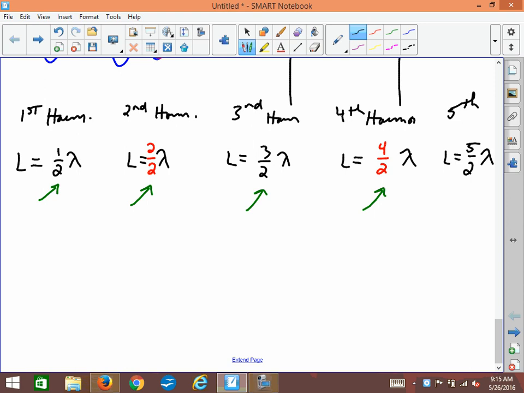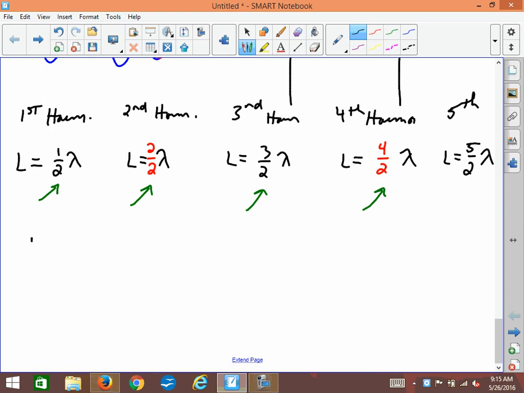So in a particular vibrating medium, you can produce standing waves in each of these patterns, the simplest first harmonic all the way up to the nth harmonic. We use the word n to describe the ultimate one.